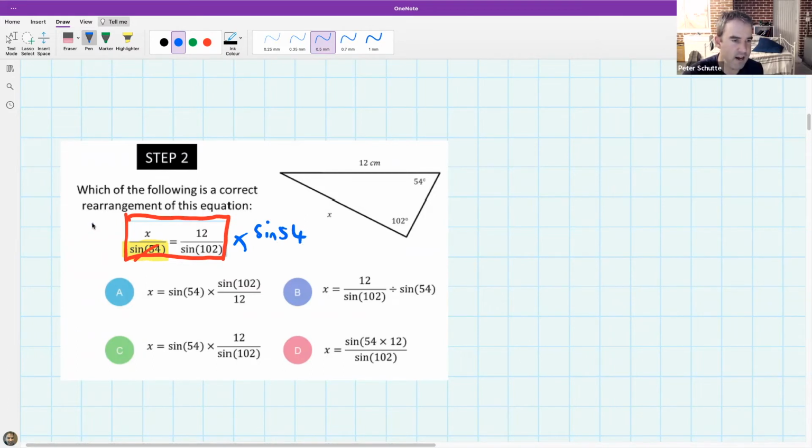So basically I times both sides by that. And to me, it looks like it has to be C, because I see my sine of 54 and then 12 over sine of 102, which is what I had there. Okay, which is option C.